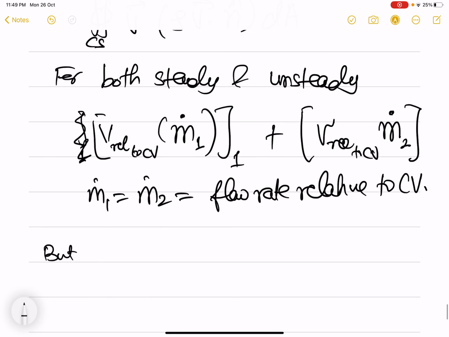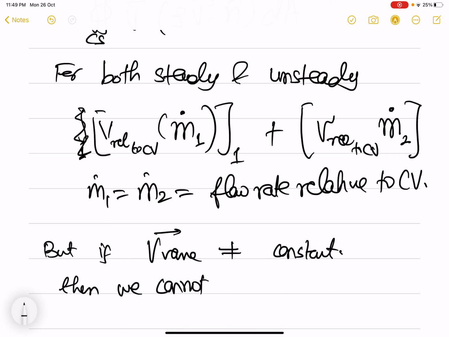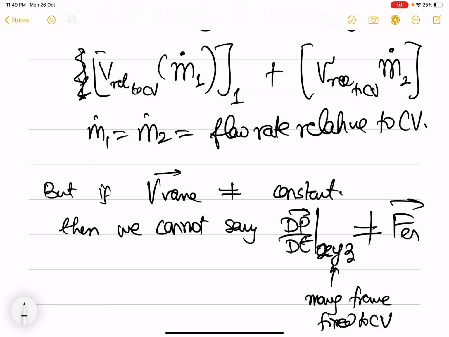But if V vane is not constant, then we cannot say dP by dt, as measured from the moving frame xyz fixed to the control volume, is equal to F external.